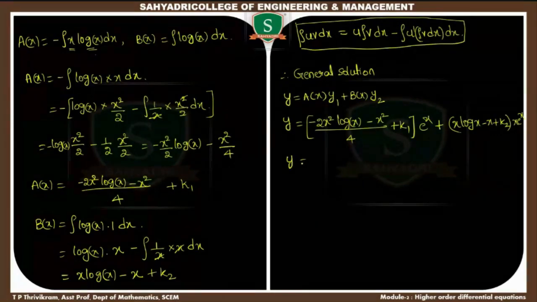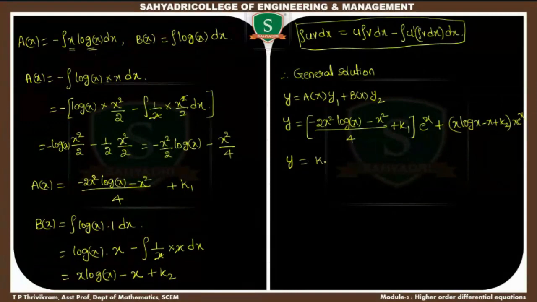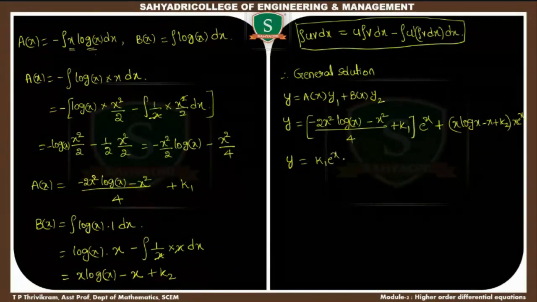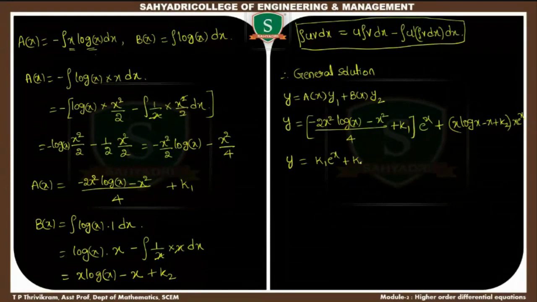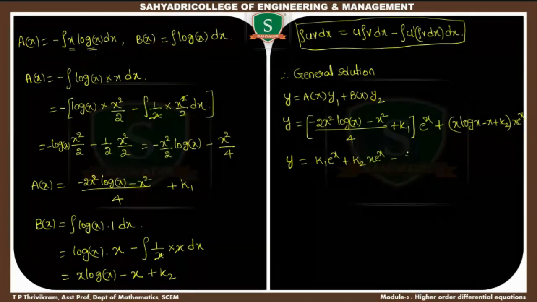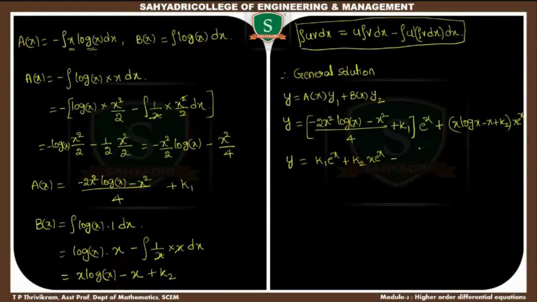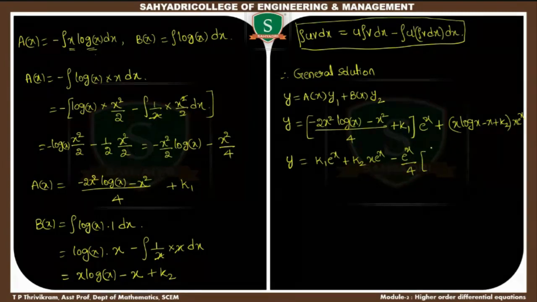So y is equal to, you can write it as k1 e power x plus k2 x e power x. Next minus, first term, if you multiply, what happens? If you take e power x divided by 4 common, what happens?